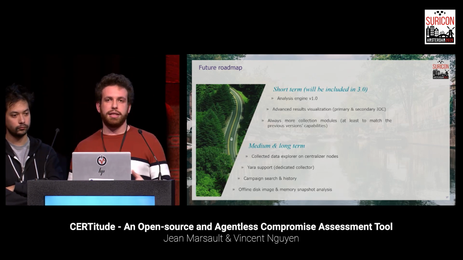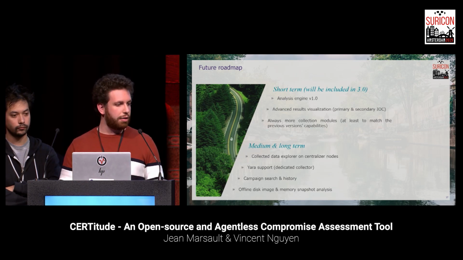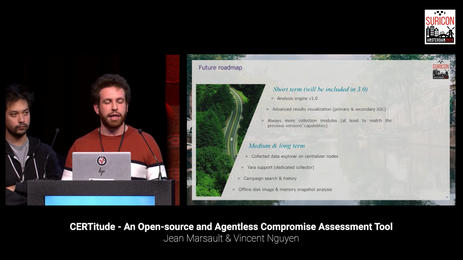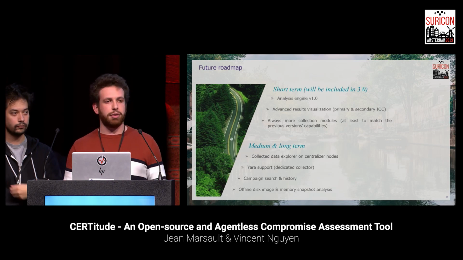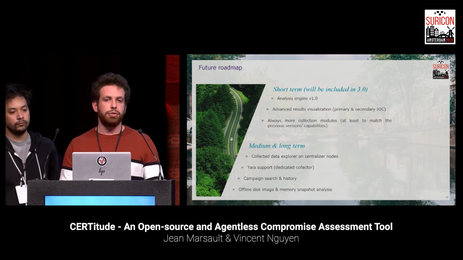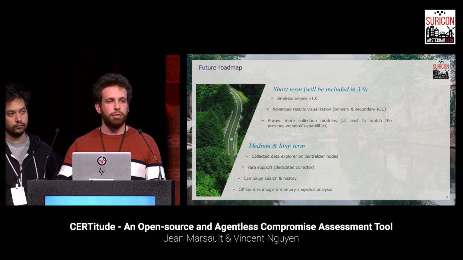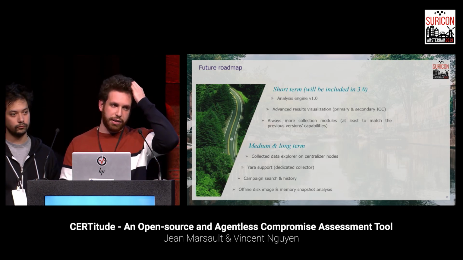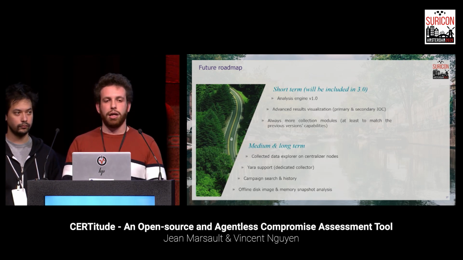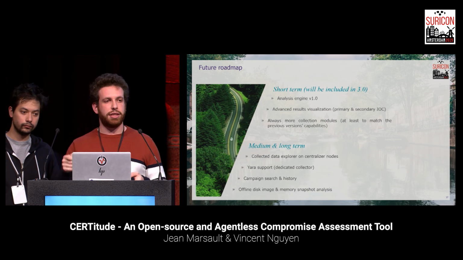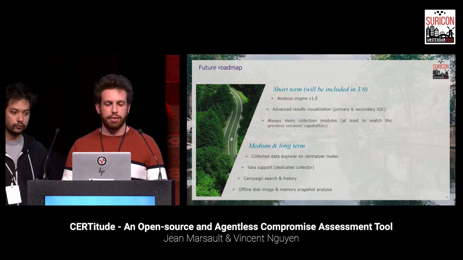For example, in some cases you find more indicators of compromise on the IS, and you know it only targets 2 to 3 workstations, and you have already collected the relevant data, but you don't want to analyze it all the way again with all the indicators of compromise. So what you would like is to get on the centralizer node and then just explore the processes, the services, to get some information about that.